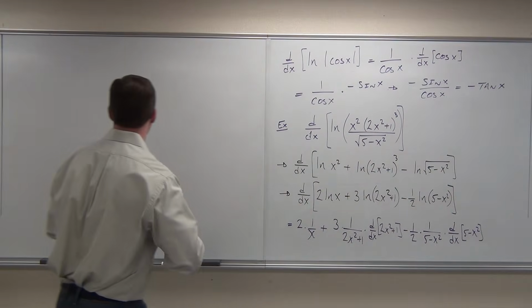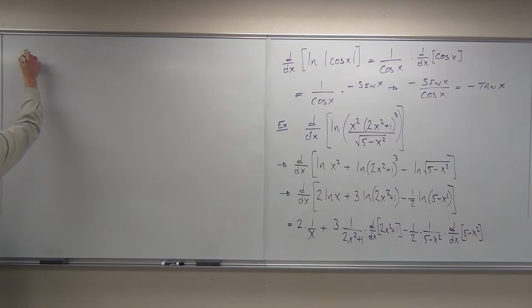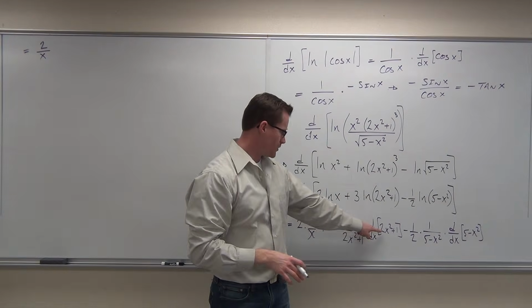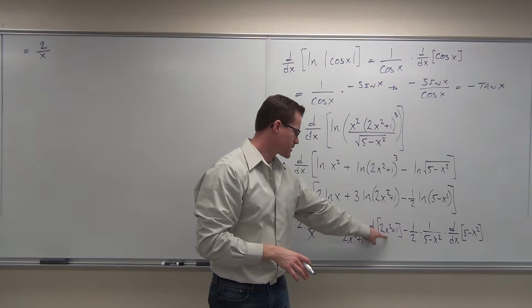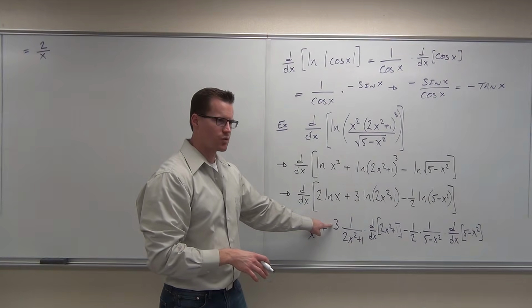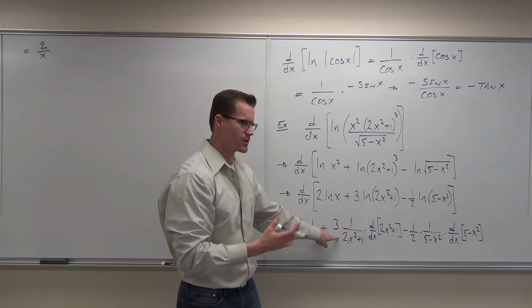Let's see what we got. I know I can put that together, that's 2 over x. I know that this, what's the derivative of that one? 4x. So I got 4x times 3, that's going to give me 12x over this stuff. None of it simplifies, so that's going to be part of my answer.